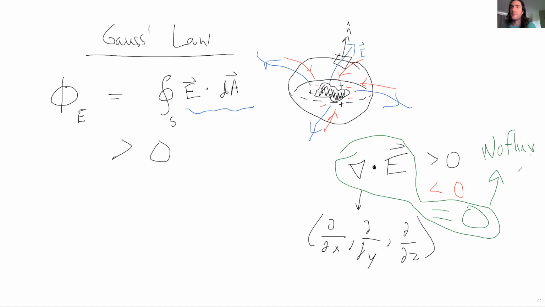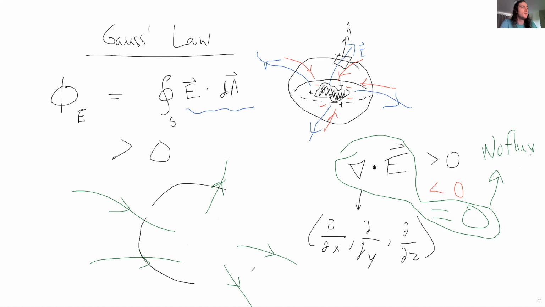So a little bit of an extra bit of information there that maybe will help you understand flux a little bit better. How can I look at this thing and eyeball whether the divergence is zero, bigger than zero, less than zero? Well, if I have a situation like this where I have some electric field lines coming in and also kind of leaving out like this, then there's a chance that the electric flux will be zero.